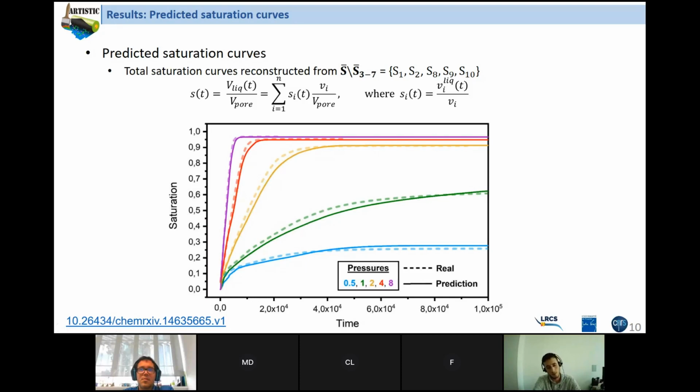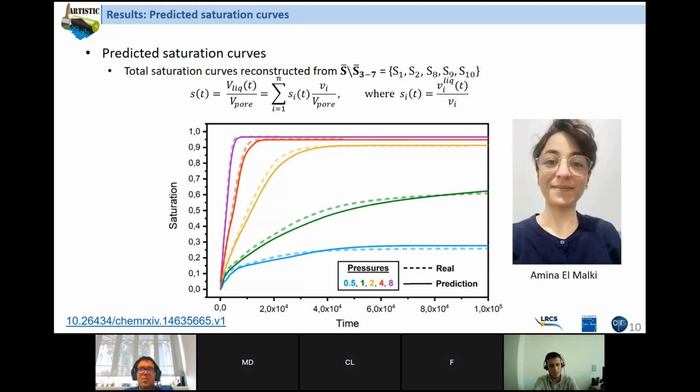But in this model, we just tried to apply different pressure conditions, but we didn't try to change any other parameters. And now we have a very diligent master student, Amin Malki, in the group that is really trying to push these boundaries and trying to generalize the model in order to account for all possible properties of the fluid, right?